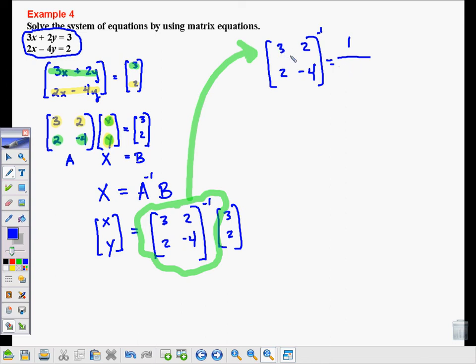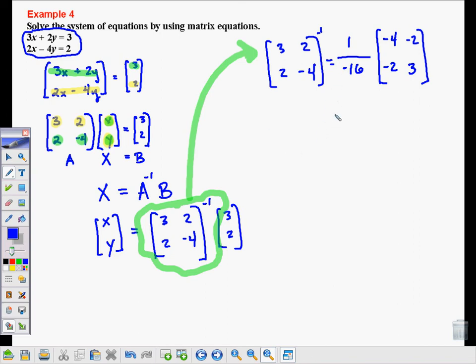So that's 3 times negative 4, negative 12, minus 4 is negative 16, multiplied by the switcheroo. I love that word. Negative 4, 3, those switch places, and these two become their opposites: negative 2, negative 2. Now, if you don't remember how to do that, you can look back at the previous video, where I go over how to find the inverse of a matrix in quite a lot of detail, or your course notes.